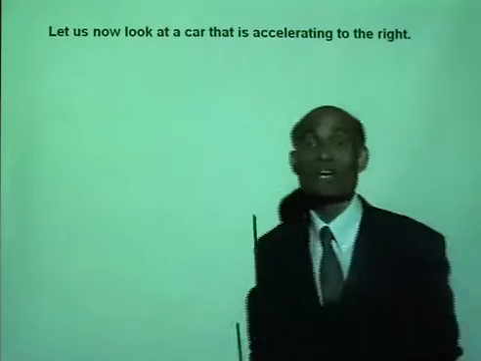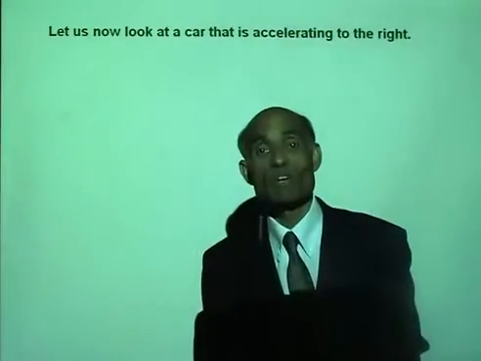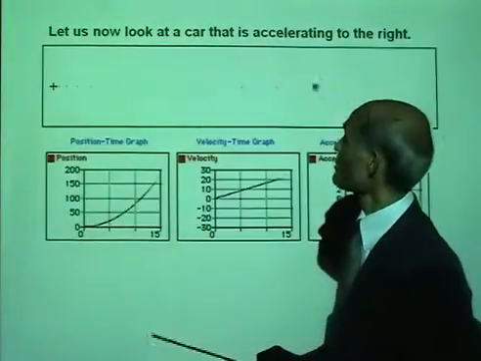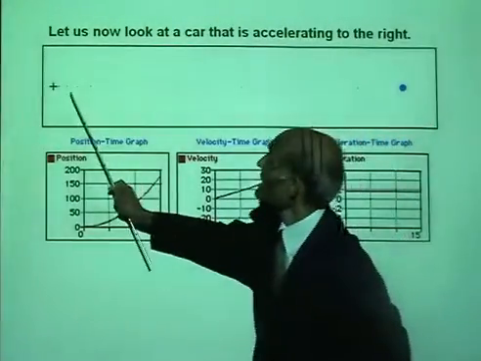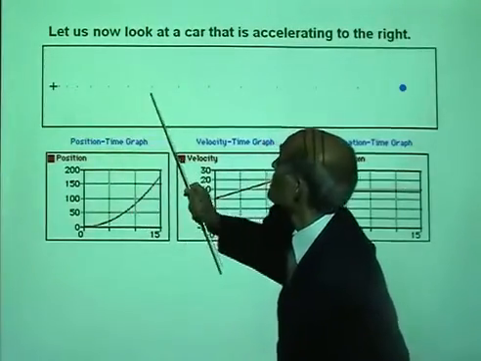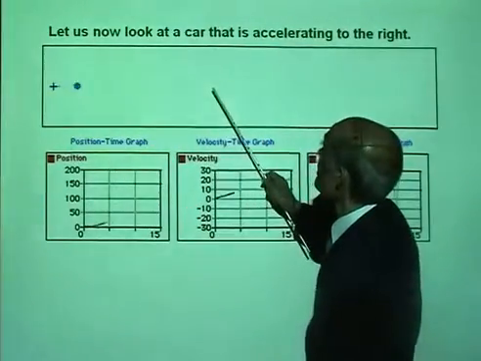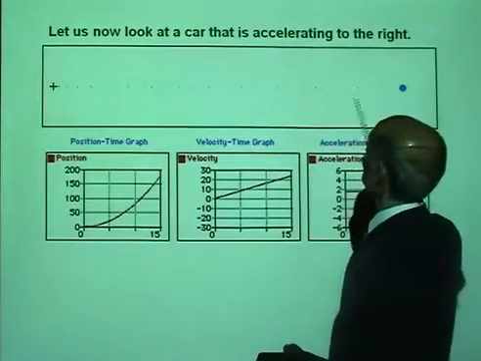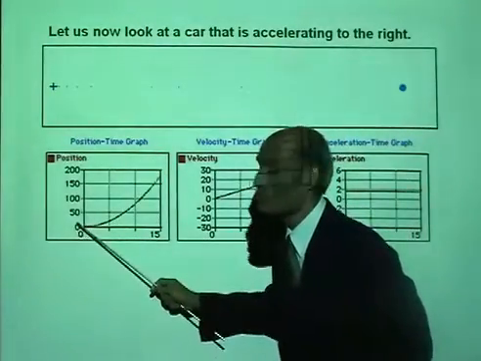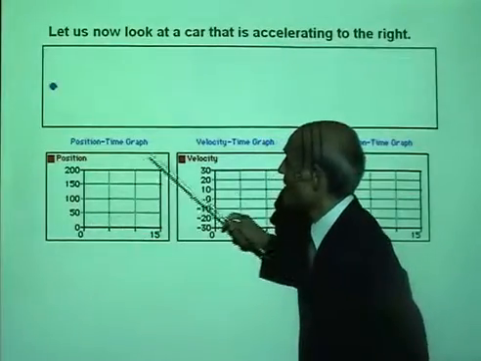I want you to now look at a car moving with an acceleration to the right. Watch this. Each second, the change in position is greater and greater and greater. Is that right? Yes. This is acceleration to the right. Now look at the position against time graph.